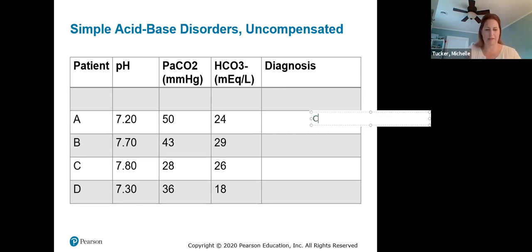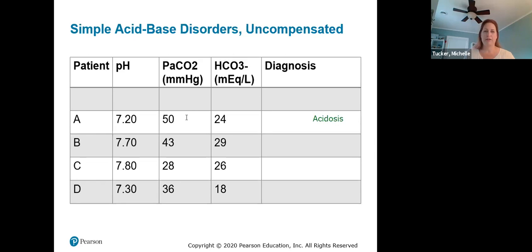Acidosis. That's the first thing you do: you look at pH and you write acidosis or alkalosis. Then you go to PCO2 and bicarbonate. Don't just stop at one, always double check.